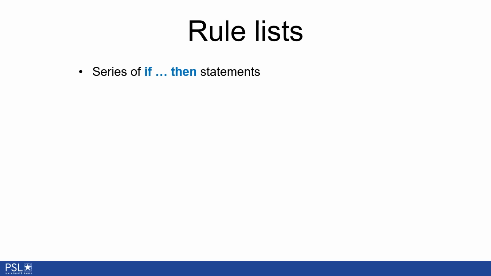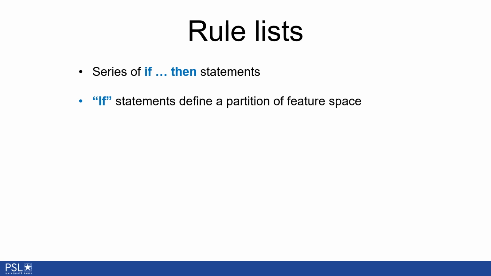Let me finally turn very briefly to rule lists, a class of models closely related to decision trees, and the last in the list of interpretable models we will be covering. Rule lists consist of a series of if-then statements. The if statements define a partition of the feature space in a manner very similar to decision trees.